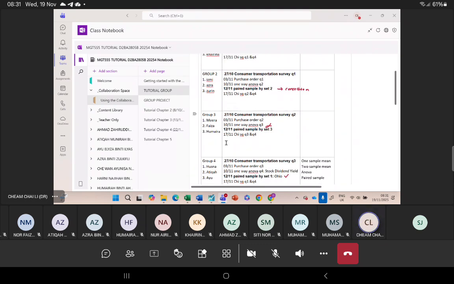So now we look at kumpulan 3. Mira, Faiza and Humaira. Which one?